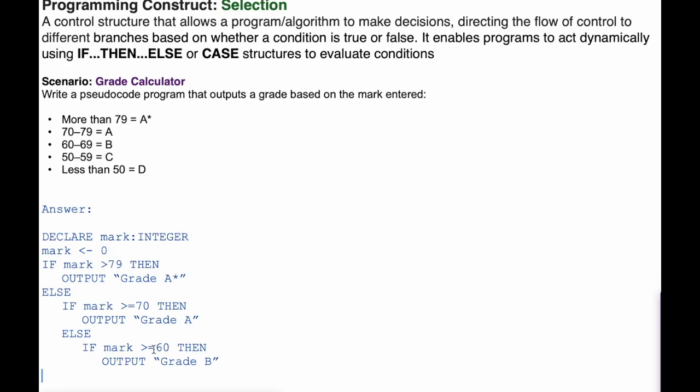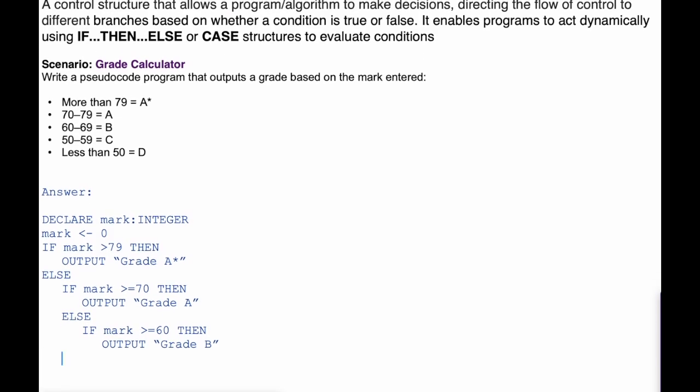Okay, then we go down a new line again. Hopefully you're noticing the pattern. We have to go inside all of our ifs. Each time we indent, we nest further into the statement, and we say if mark is greater than 50, then we are going to output, oh, what did I do?